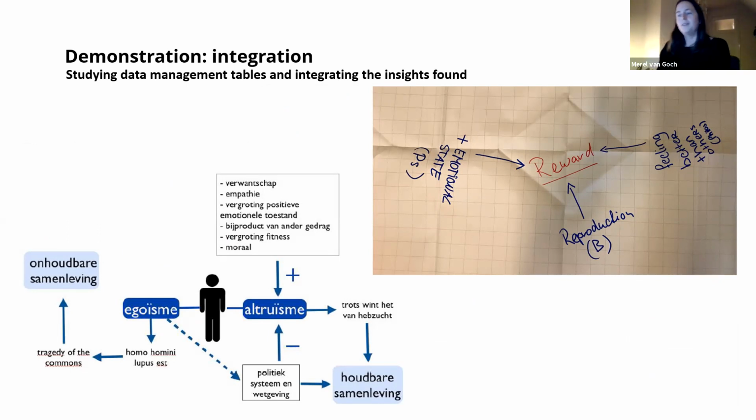And on the left, sorry that it's in Dutch, but this was the original integration that our students came up with in the course. They focus on, for example, tragedy of the commons, pride, society, moral, ethics, empathy, fitness.